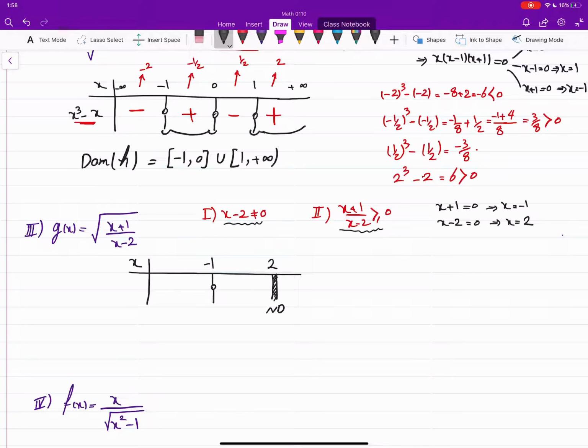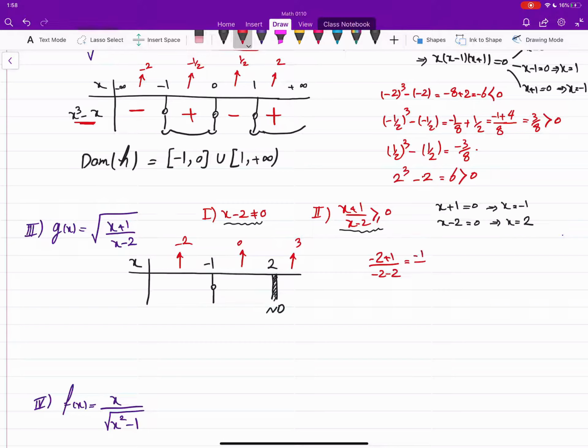Okay, then choose sample values. For example, 0 here, 3 there, and then negative 2 there. Evaluate (x plus 1) over (x minus 2) at negative 2. So it will be (negative 2 plus 1) over (negative 2 minus 2).